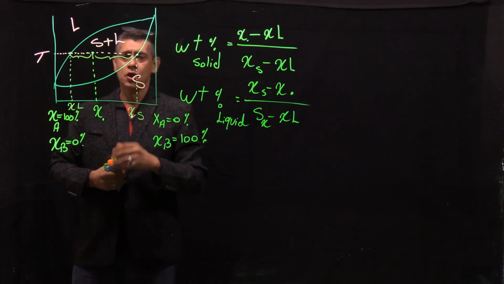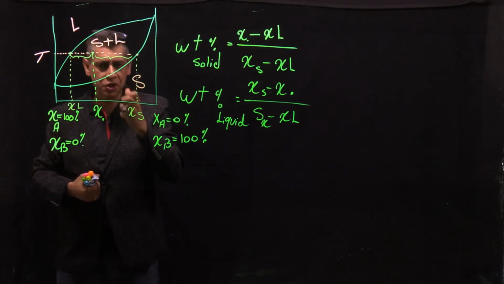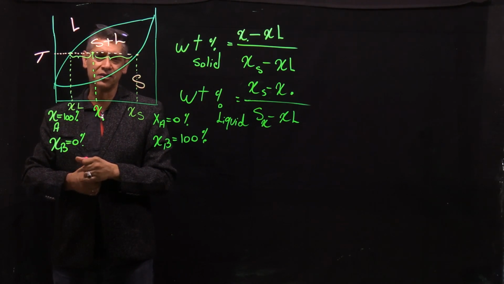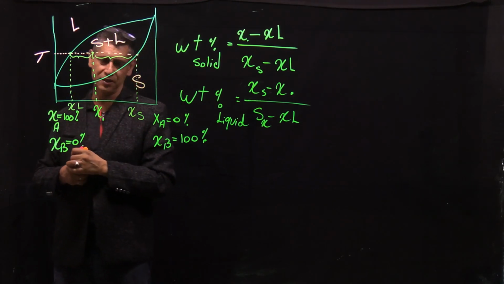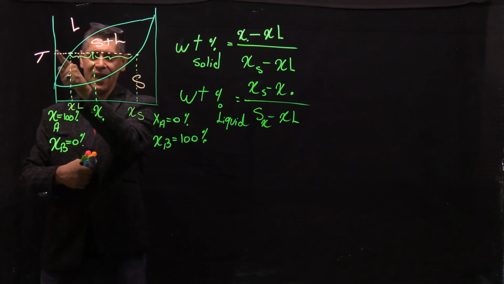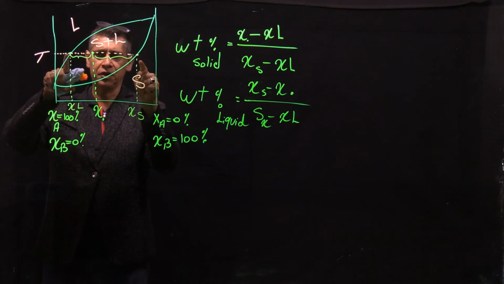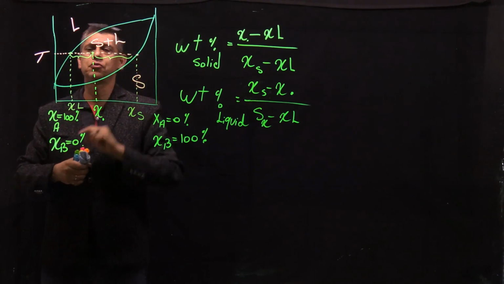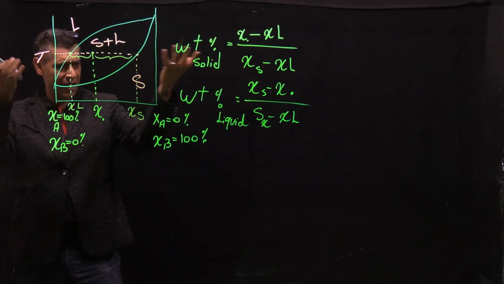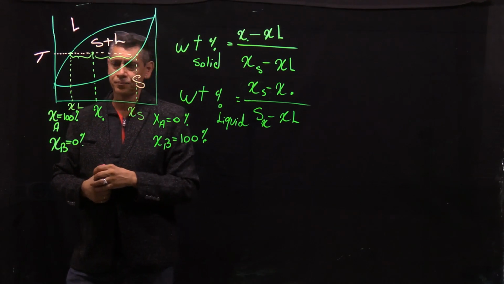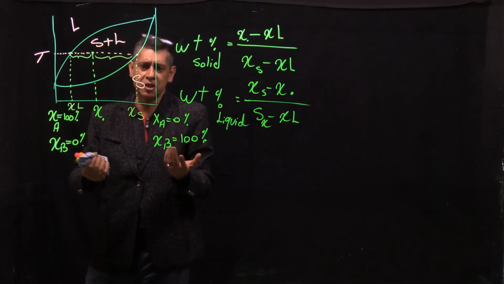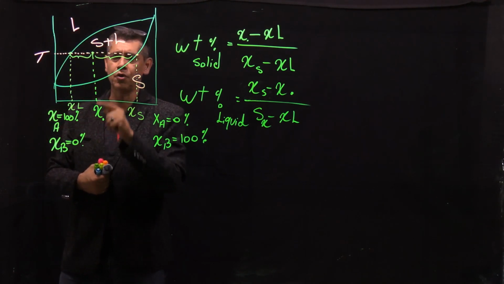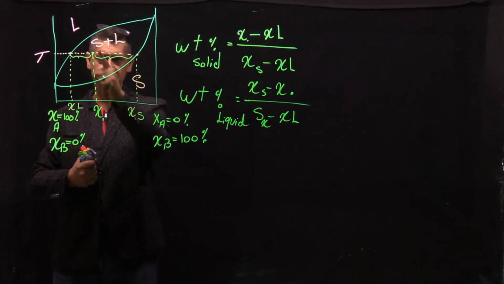The second thing is you have to identify the composition of the liquid and solid. What is inside the liquid and solid? Obviously at any temperature you have two points here. This gives you the composition of the liquid and this gives you the composition of the solid. And then writing the lever law is very simple. Imagine I'm at X sub 0. At X sub 0 I have two phases, solid and liquid.